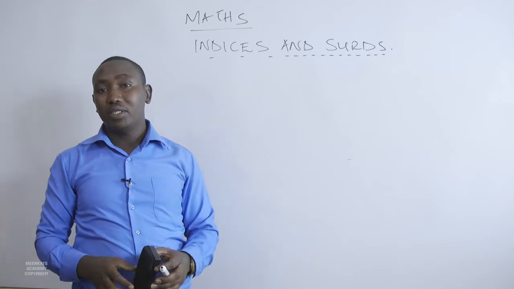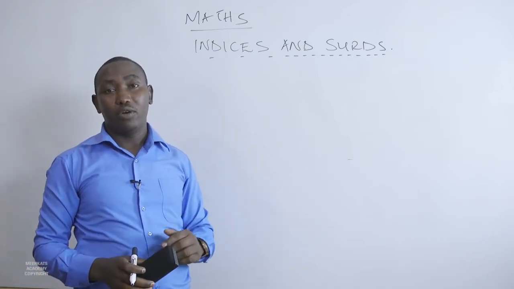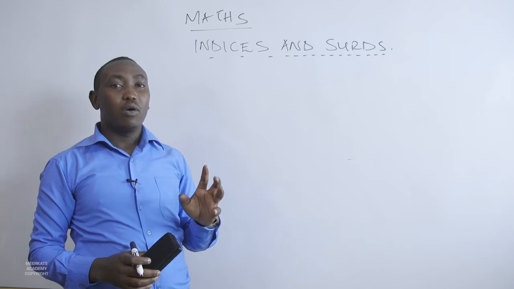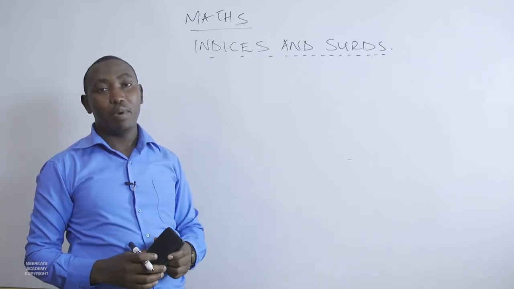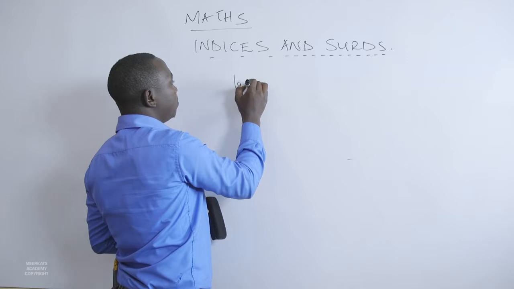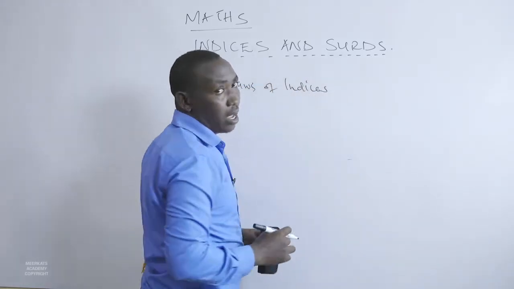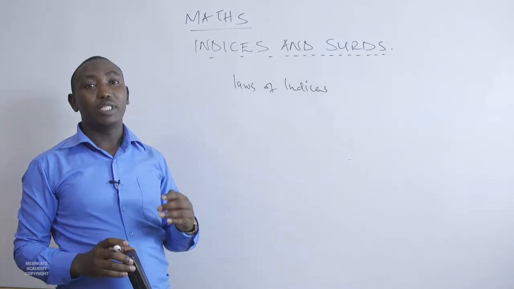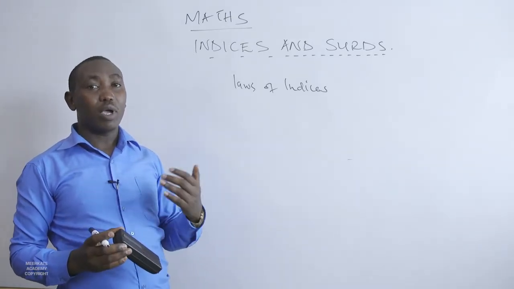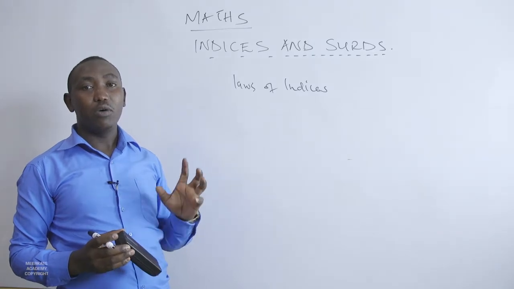During our last lesson, we looked at the laws of indices, four of them, and how they can be applied. We said that whenever you have the same bases raised to a given power and they are being multiplied, there's a law used.